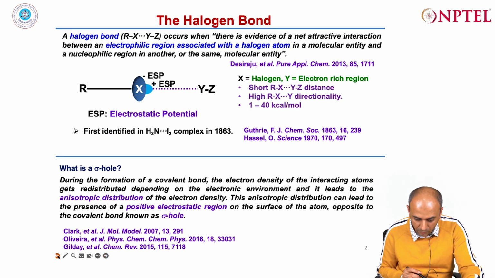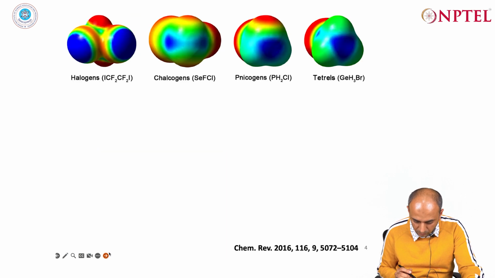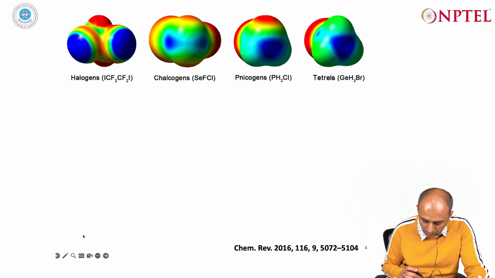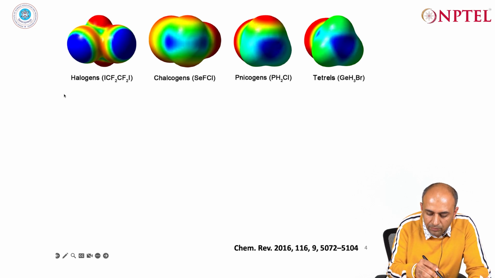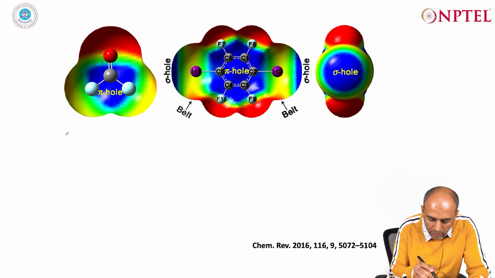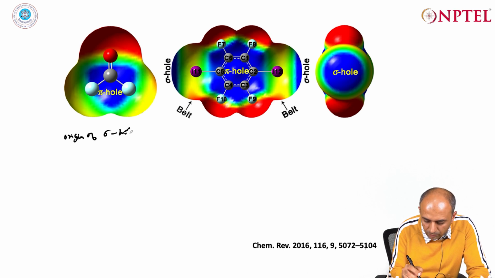So, before we go into the definition of a halogen bond and the origin of the sigma hole, let us first try to understand the origin of sigma hole.